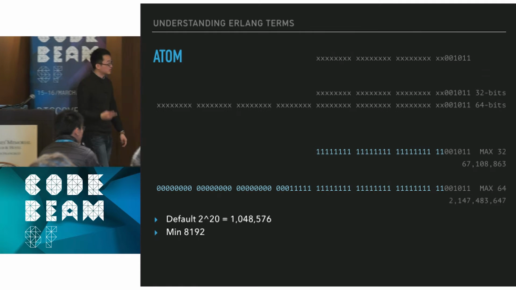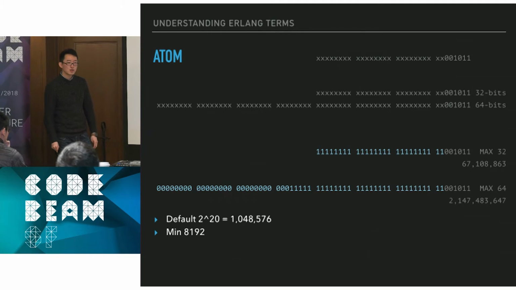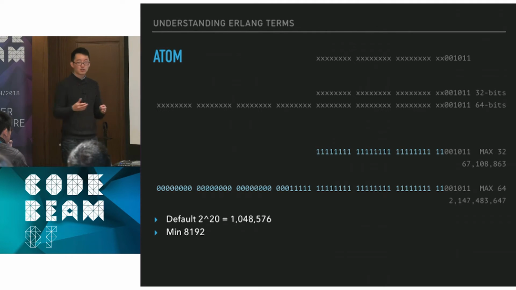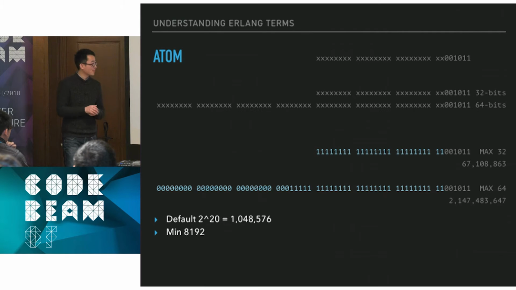By default, if you don't do anything and start an Erlang shell, it will use 20 bits, which gives you 1,000,000 atoms. The minimum is this number, 8192. When you start an Erlang shell, it creates a bunch of predefined atoms like true, false, ok, error.